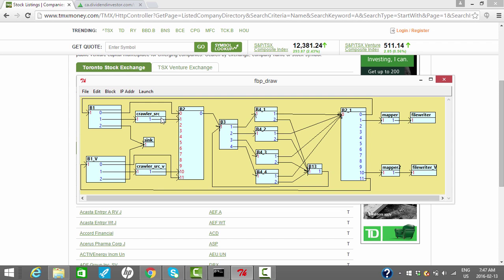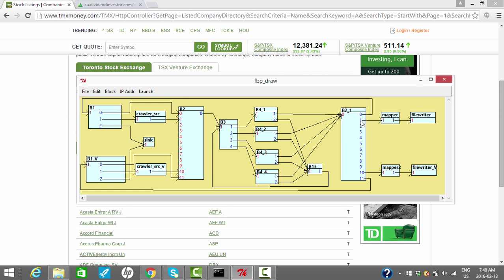Now this crawler really is for extracting the information from the dividend investor. So whatever symbols comes in, this crawler will send it to another multiplex import, go through the parser. The parser will get the information from the dividendinvestor.com and send it back to the demultiplexer.